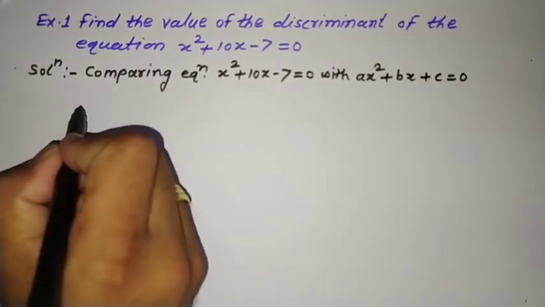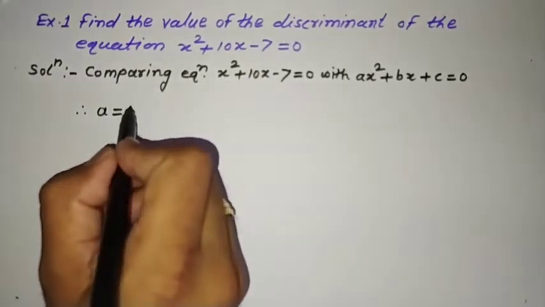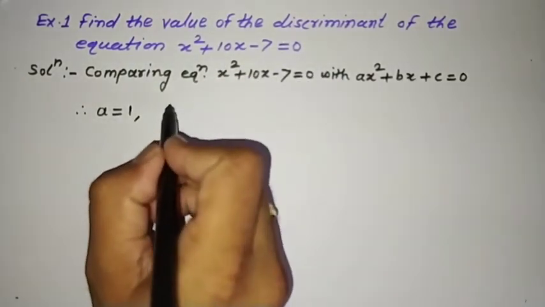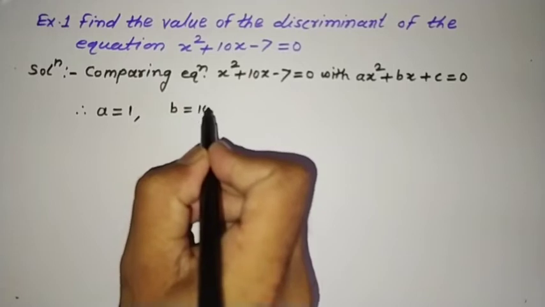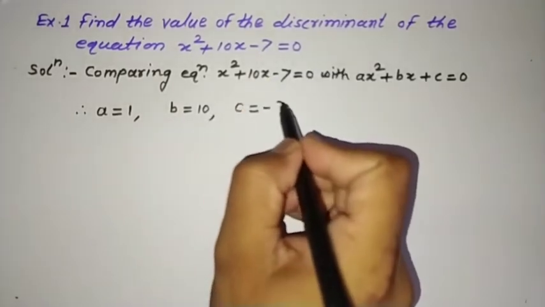Write down the value of a is equal to 1, value of b is equal to 10 and value of c is equal to minus 7.